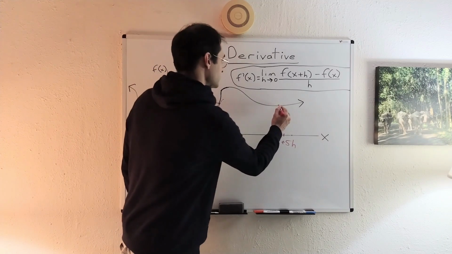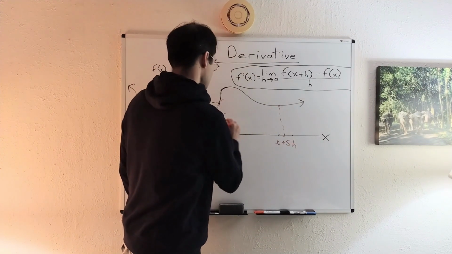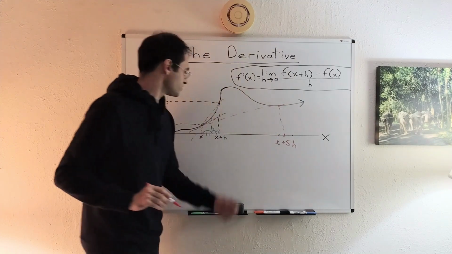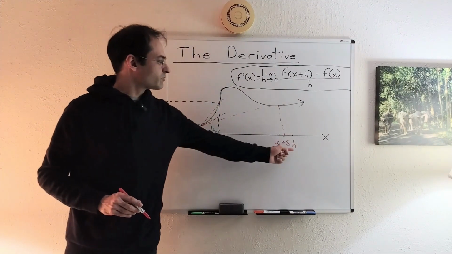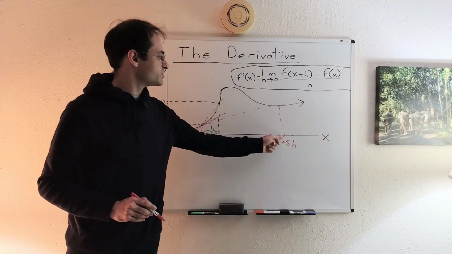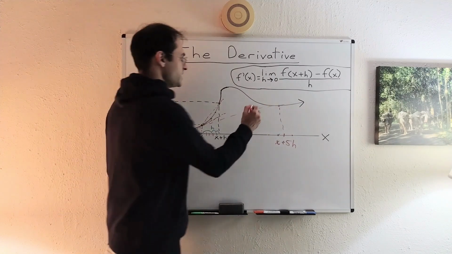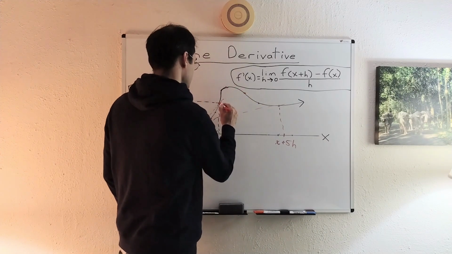And that might look at the beginning like these points are very far apart, so it doesn't seem like a good approximation. But remember, the h is still going to go to 0. So as the h goes to 0, what will happen is we'll be taking points along the line that get closer and closer to what we want.